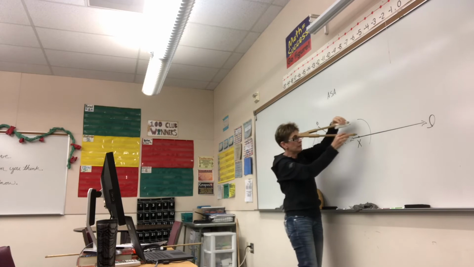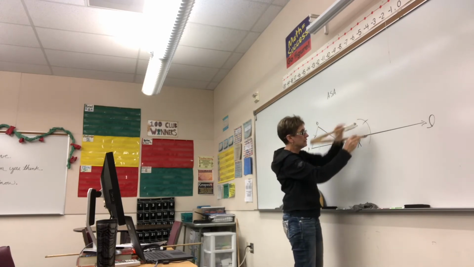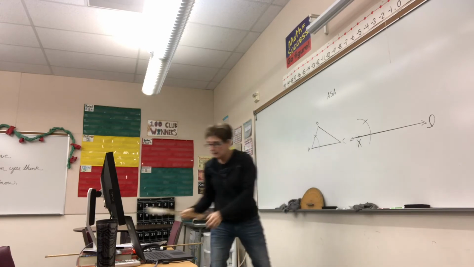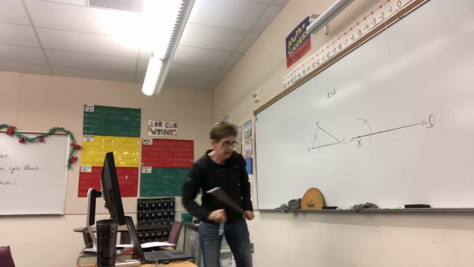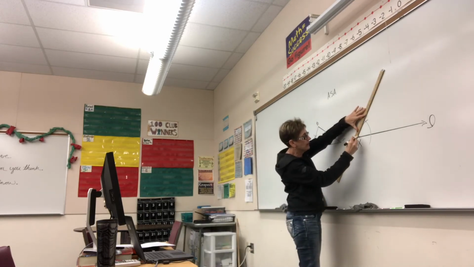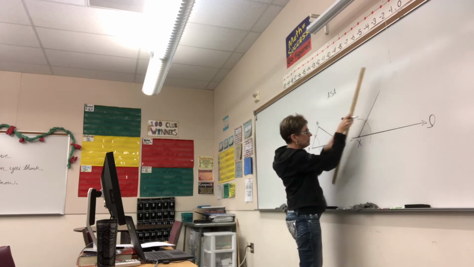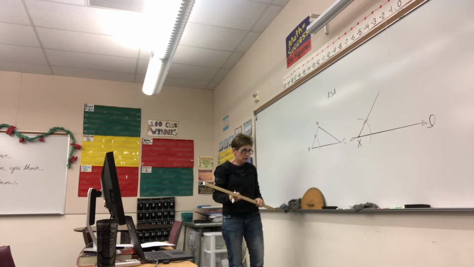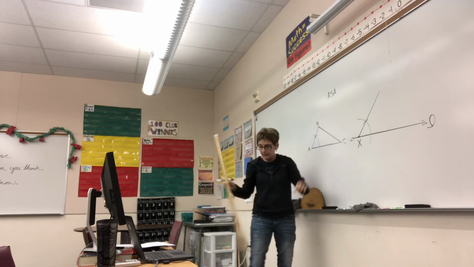Then I'm going to put my compass over here and copy that measurement. I have now copied that angle. So I've copied angle A, and I'm going to make angle X congruent to it by drawing the line between X and this arc mark here. So we've done one angle, which makes sense because this is angle side angle.